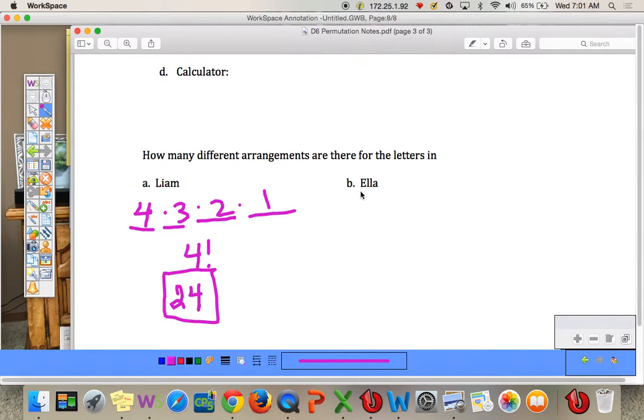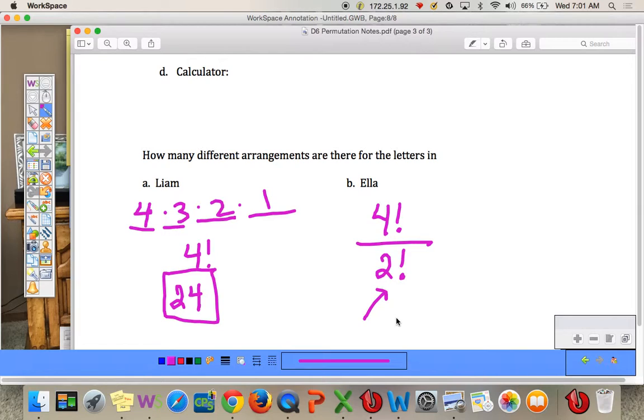How about in Ella? So here there's 4 letters, but there's 2 repeating. So if there's repetition, there's another way that you can do this. We have 4 letters total over, we have how many are being repeated. So we have 2 factorial.